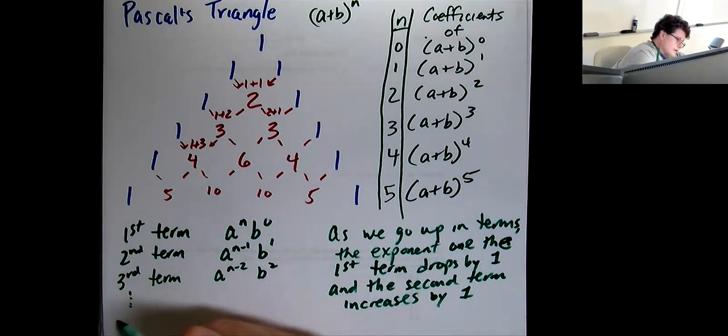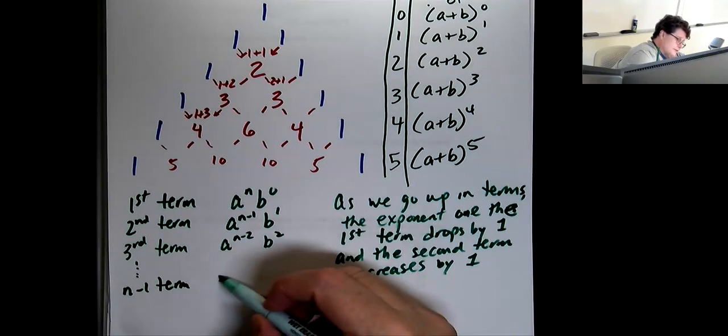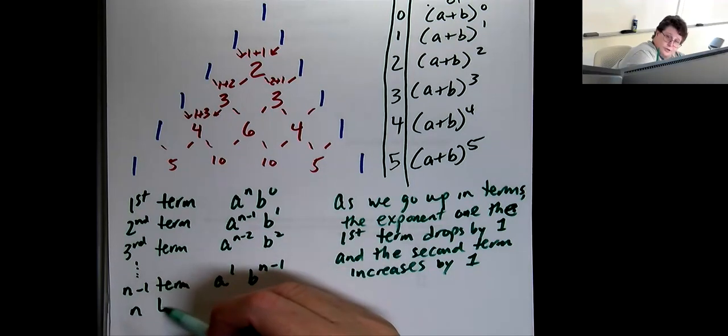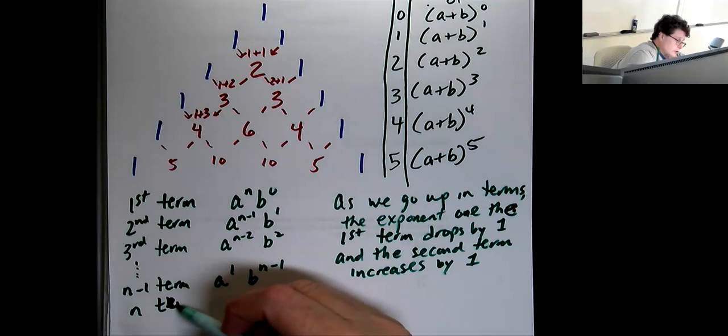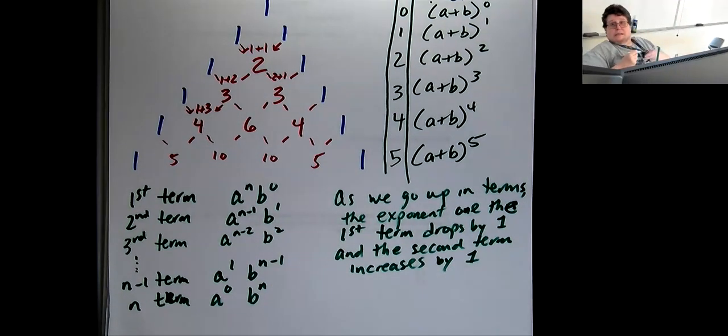This is going to go down to the n minus 1 term. That has a to the first, b to the n minus 1. And then the nth term will be a to the 0, b to the n. So I'll write it down in a second for one of these lines.